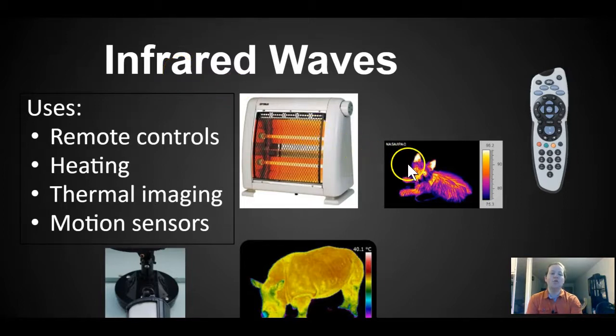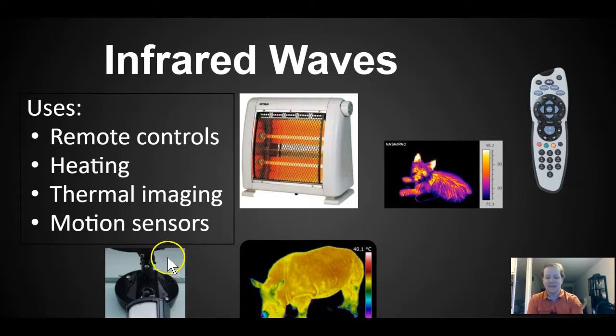Infrared is also created by heat. So if you've seen these heat or thermal images, this is capturing infrared. Humans cannot see infrared, but we can make special cameras that can detect infrared light.